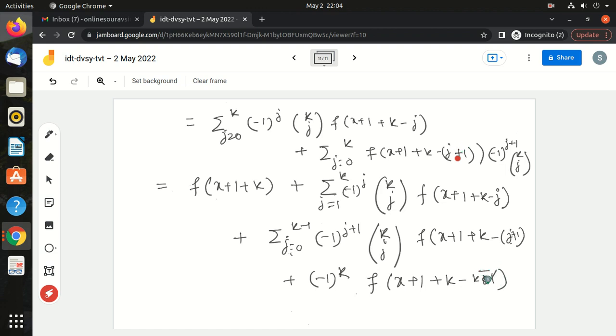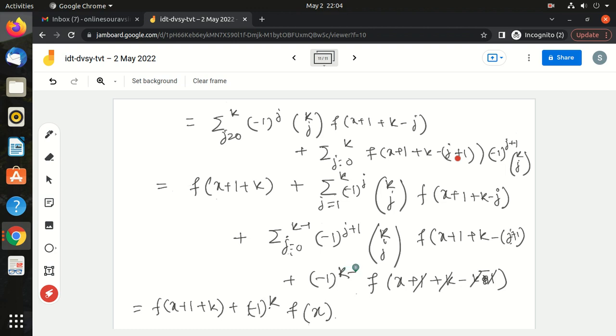So what I actually get is f of x plus 1 plus k, plus, what is this? Tell me, not only f of x, (-1)^k, f of, am I writing it okay?